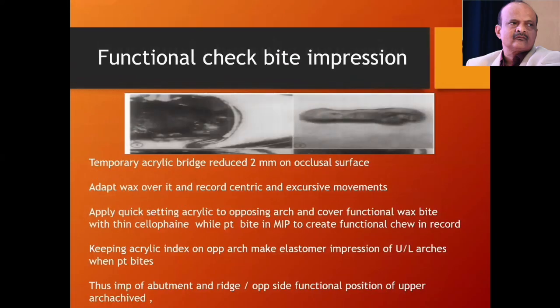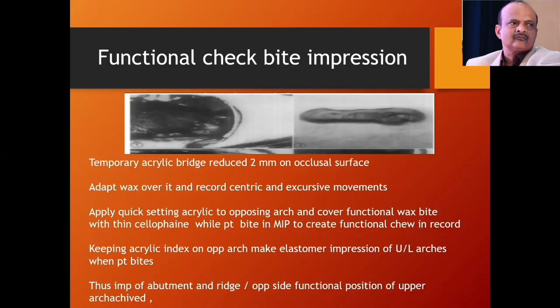This temporary fixed partial denture is reduced around 2 mm occlusally and wax is adapted on the occlusal surface of the reduced temporary, and the patient is asked to do centric, right lateral, and left lateral movements, and this will record the centric and excursive movement in the wax.